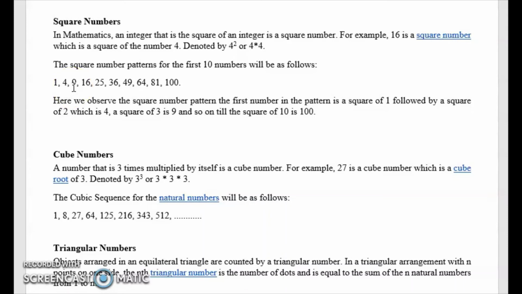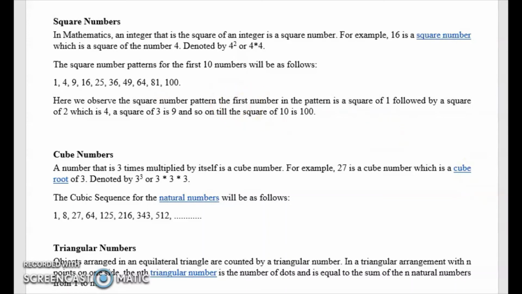Anong susunod sa 3? 4. 4 times 4 equals 16. So, the same, hanggang pataas ng pataas to. Susunod sa 4 is 5, 6, 7, 8, 9, 10, and so on and so forth. Ito yung mga makukuha nyo sa mga counting numbers na minumultiply natin by itself. So, that's why it's called square numbers.